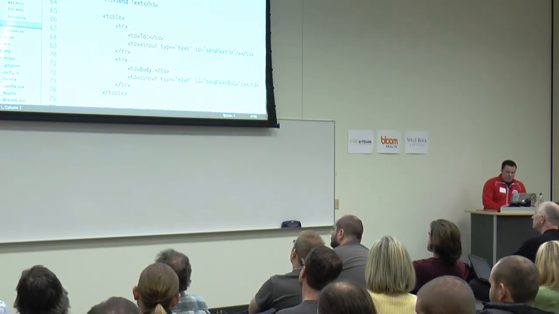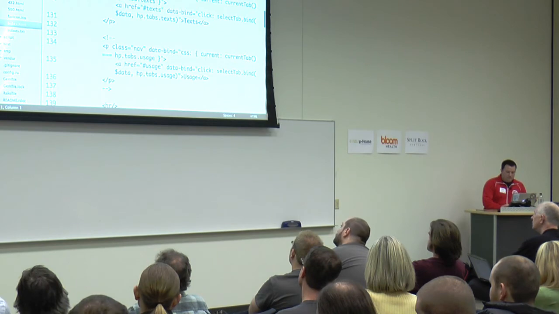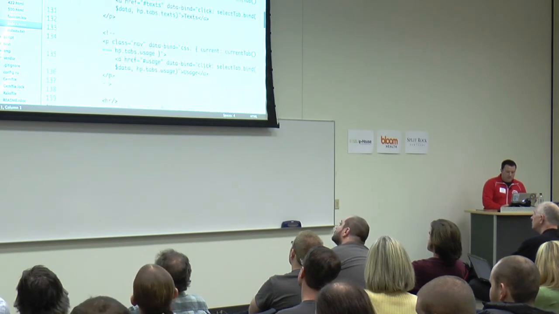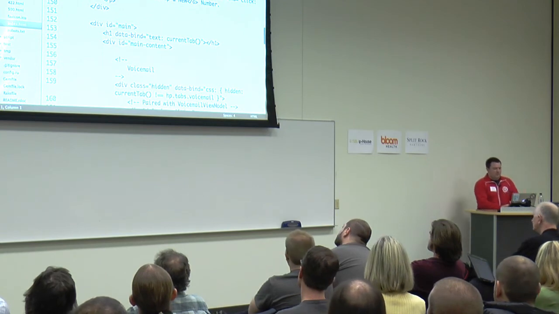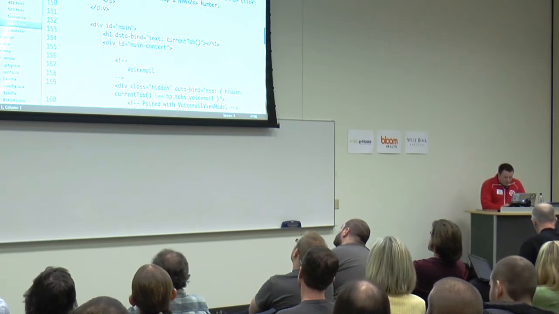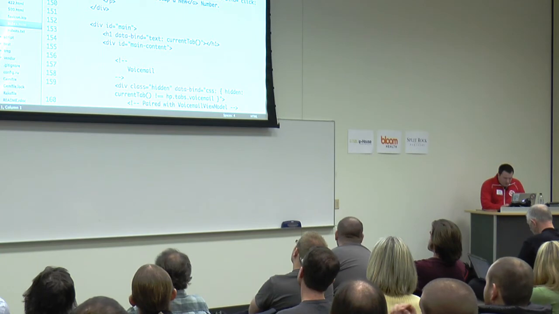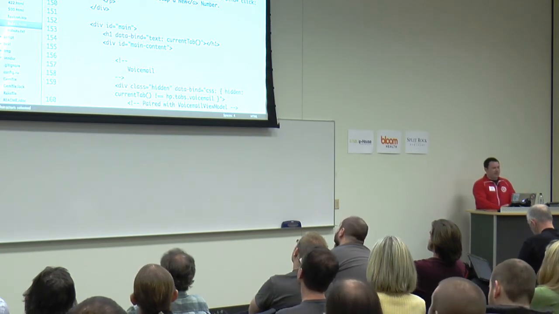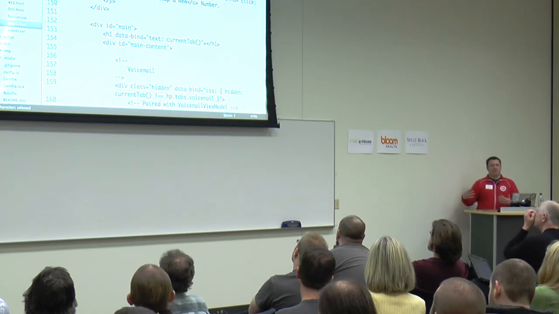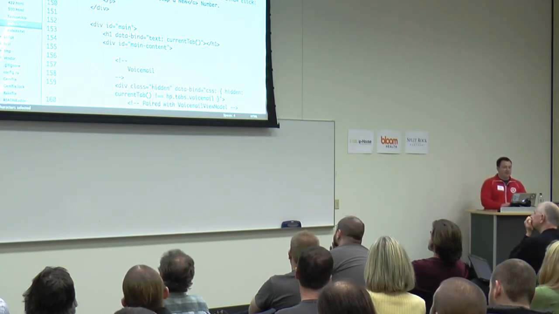So where is that thing? Okay. So let's take a look at this. Okay, so this little paragraph tag right here contains the currently selected Twilio number in the UI.